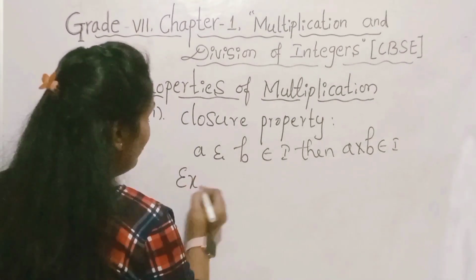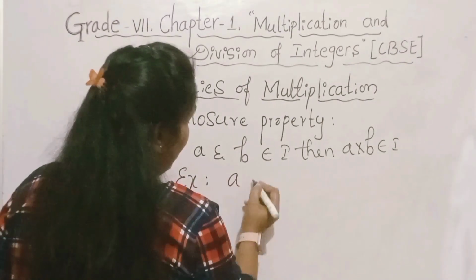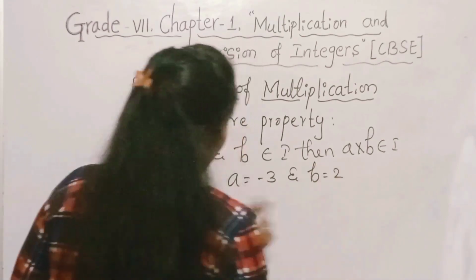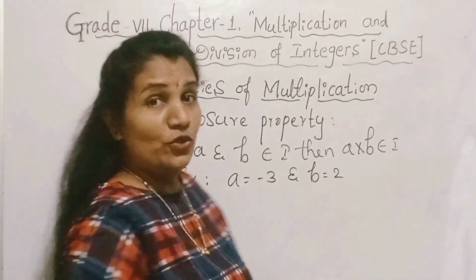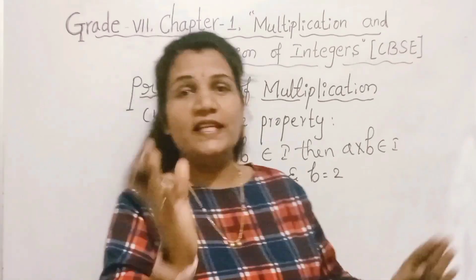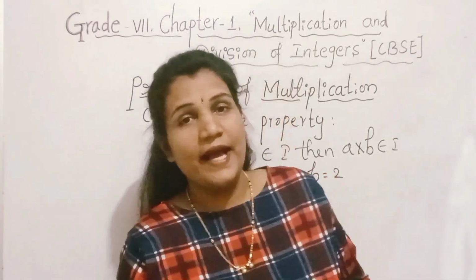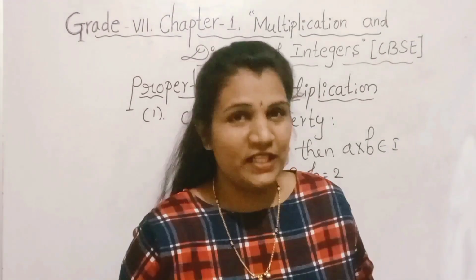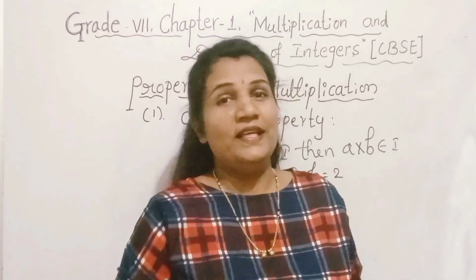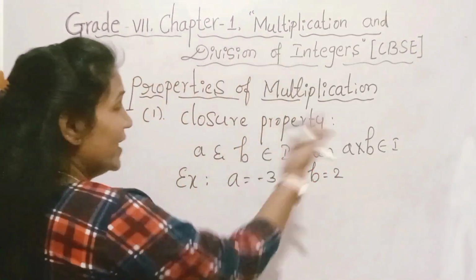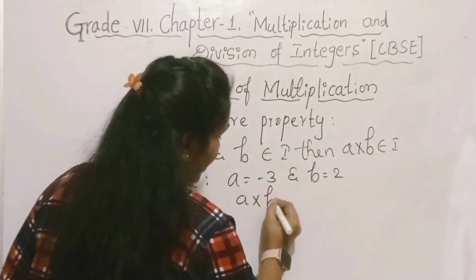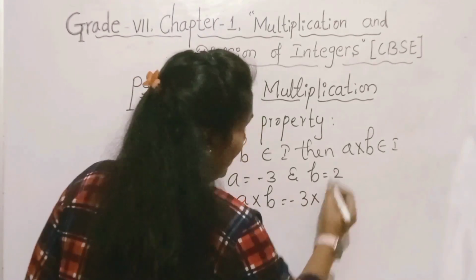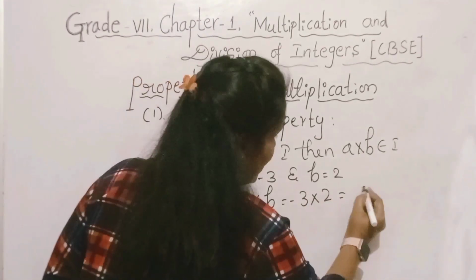I am taking an example for this. a is equal to -3 and b is equal to 2. Both -3 and 2 are integers. -3 is a negative integer and 2 is a positive integer. Let me check a into b. a means -3, into b means 2. 3 2s are 6.